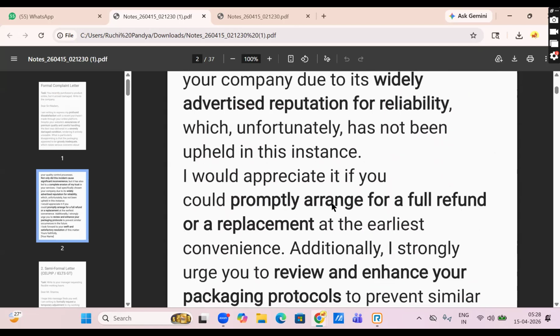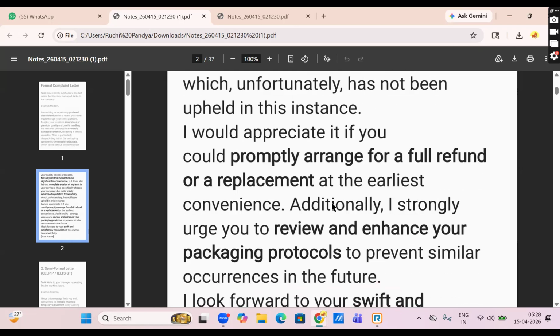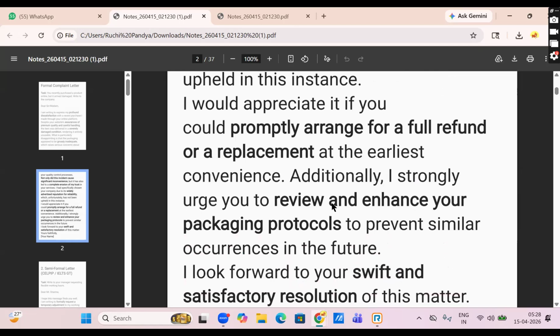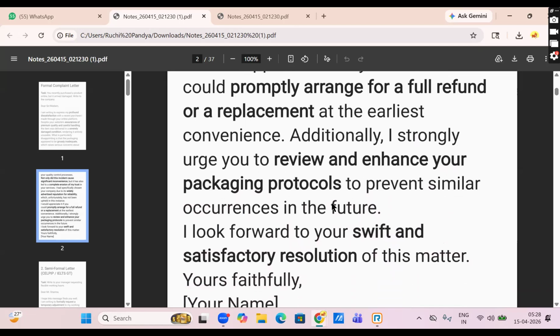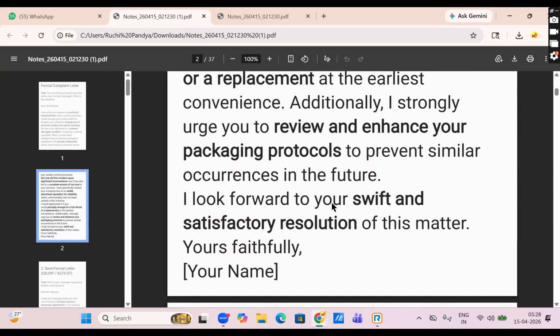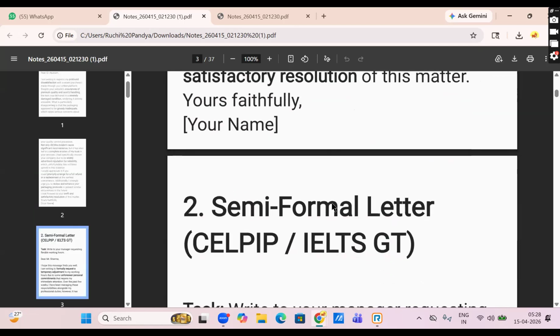I would appreciate it if you could promptly arrange for a full refund or a replacement at the earliest convenience. Additionally, I strongly urge you to review and enhance your packaging protocols to prevent similar occurrences in the future. I look forward to your swift and satisfactory resolution for this matter. Yours faithfully.